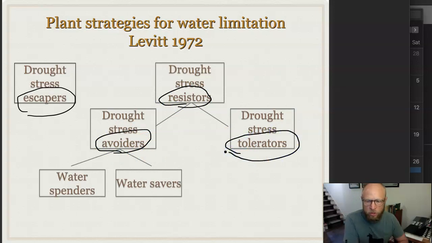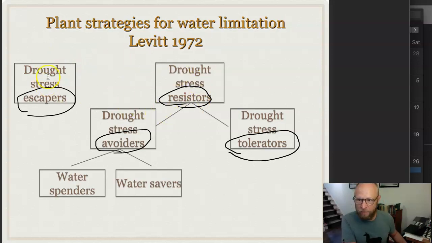These are all words we can really use to describe a plant strategy in dealing with really any stress. And so we'll come back to these terms throughout the semester as we talk about plants' ability to grow in fairly harsh environments. Okay, so this is the framework we're going to use, and it's kind of at different levels. I started pointing to the screen, which would not help you at all.